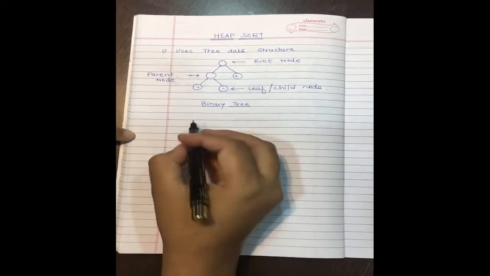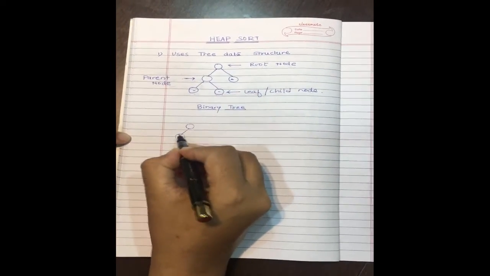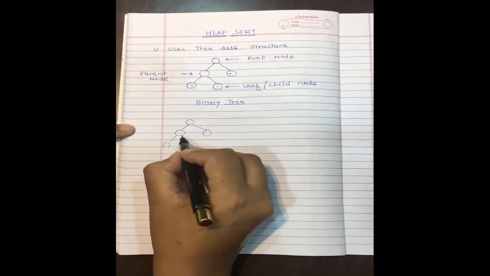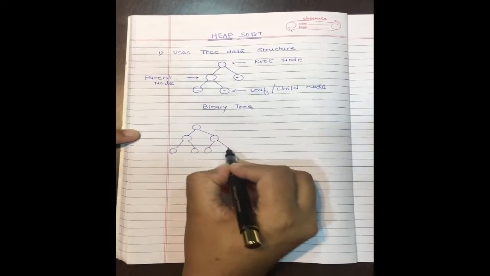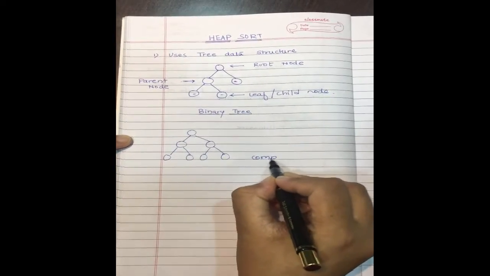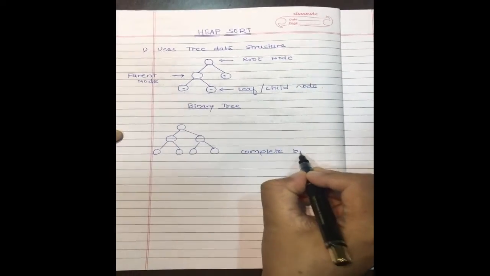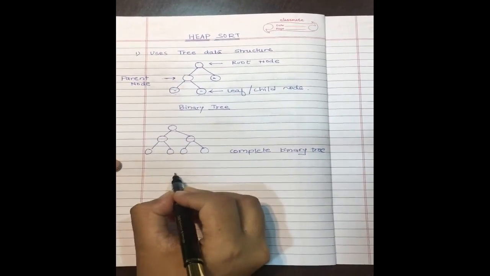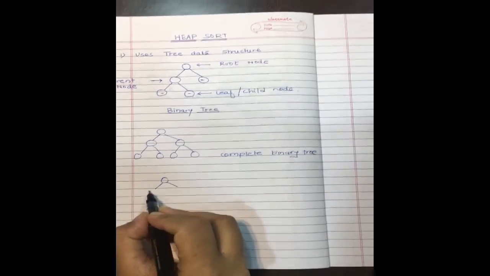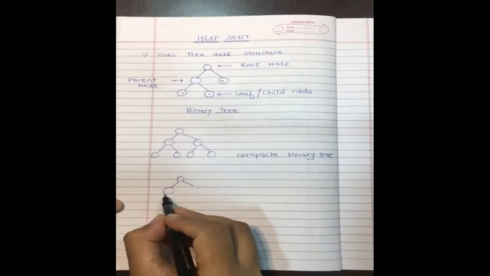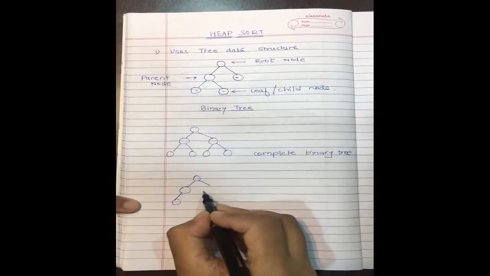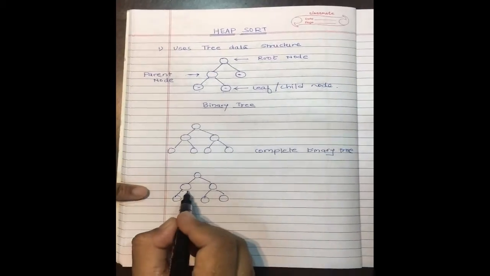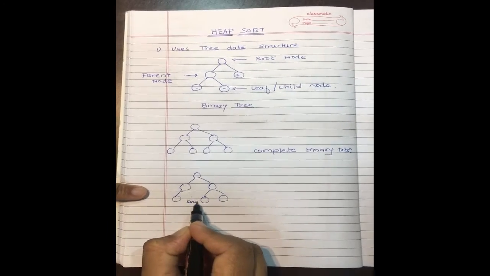Now the binary tree in which every node has two children is called a complete binary tree. And the tree structure which carries at least one node which does not have two bifurcations, which does not have two children, you can see this is empty.